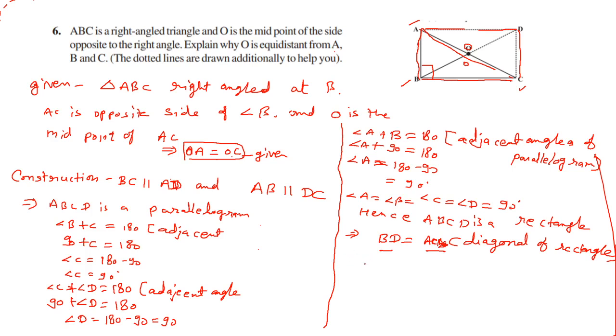Implies that जब डायगोनल इक्वल हैं तो इनके बाइसेक्टर भी इक्वल होंगे. Hence BO is equal to OD, and AO is equal to OC.